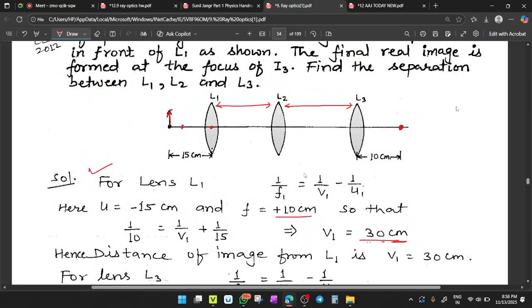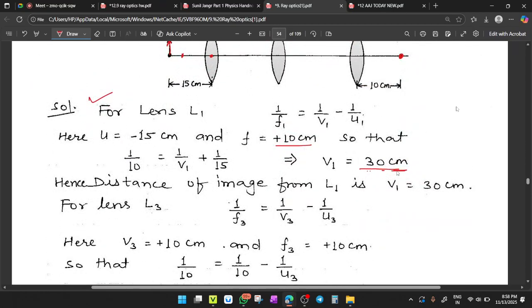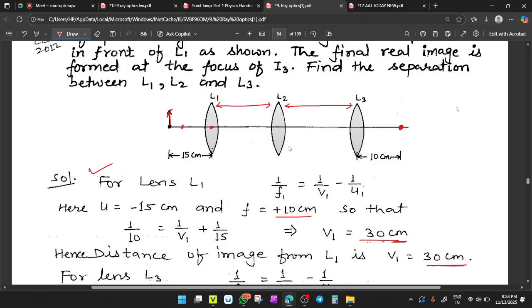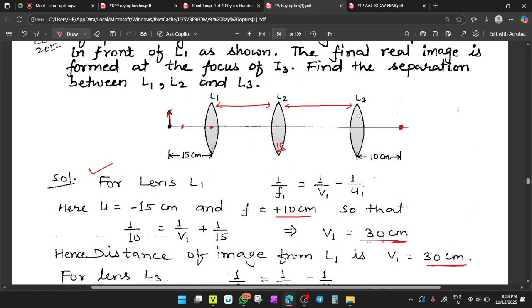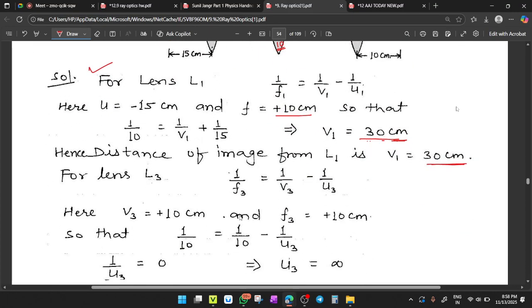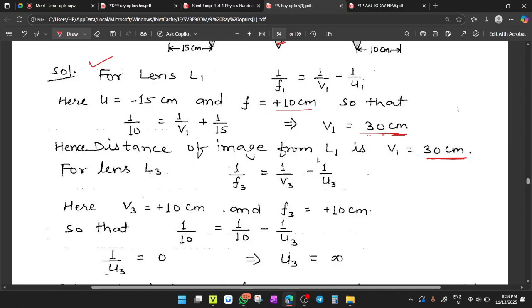Okay. So V1 equals to 30 centimeter means the distance of the image from the lens L1 equals 30 centimeter. Clear or not clear? The focal length for this lens is also 10 centimeter. So apply the formula for L3.